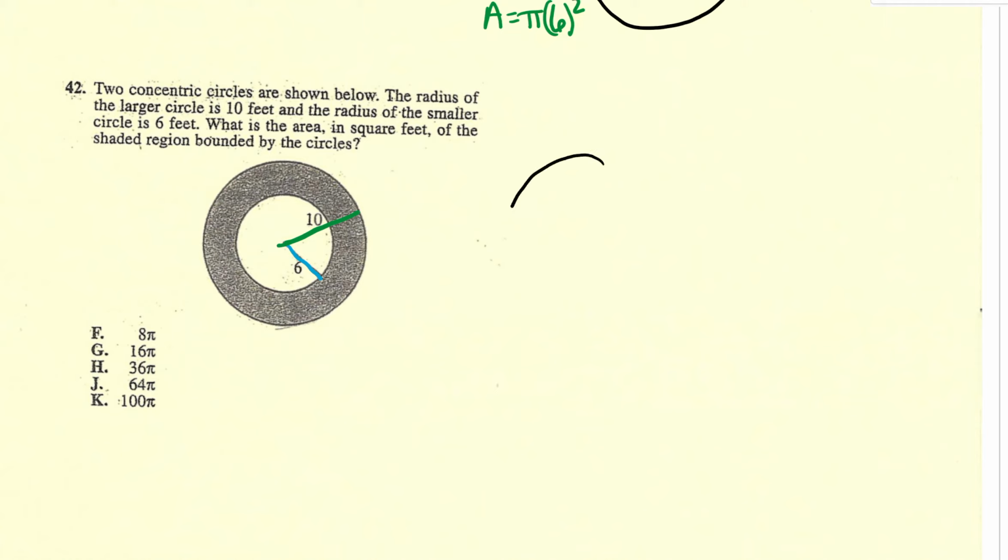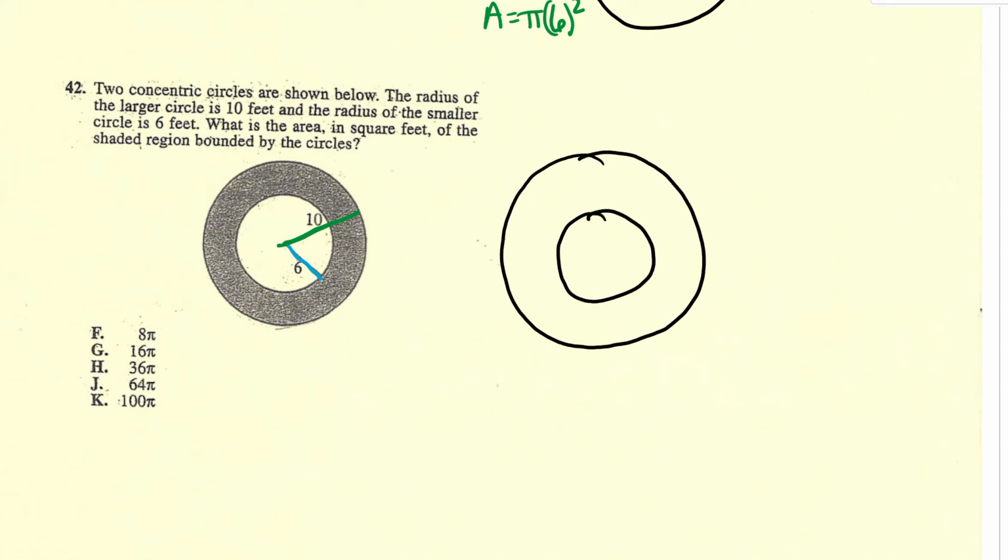If we have a large circle and we have a smaller circle, let's say you have the whole circle. If I take the large circle, the whole thing, and I subtract the smaller circle, then do you see what I should be left with? We'll do it one more time.